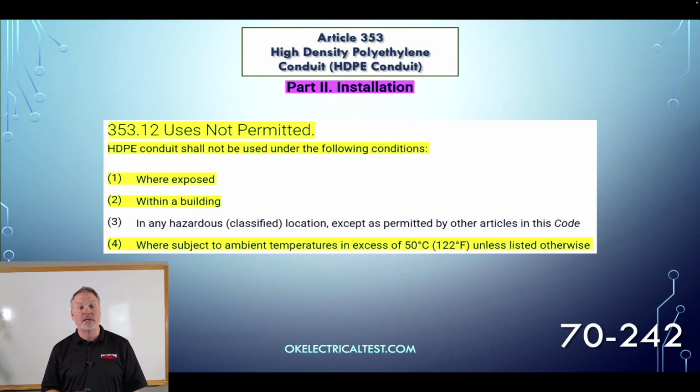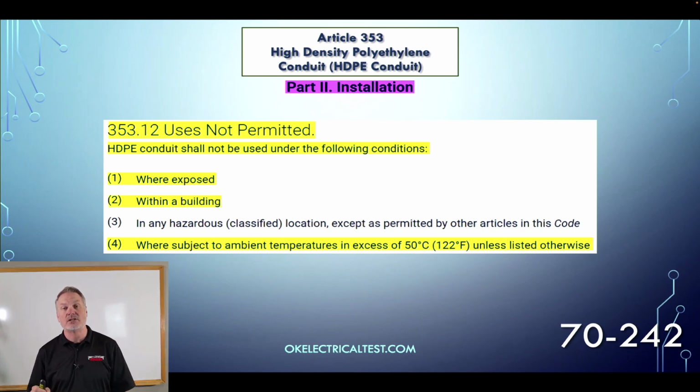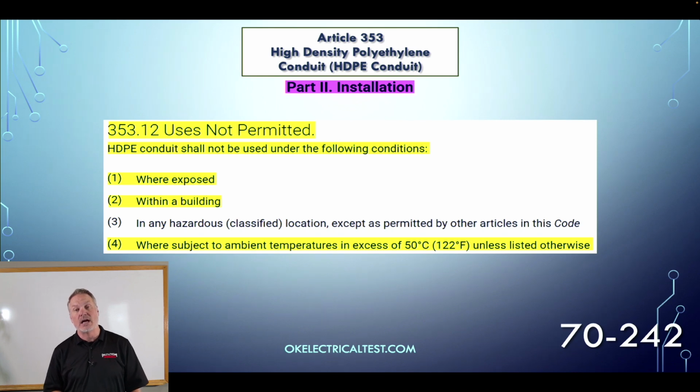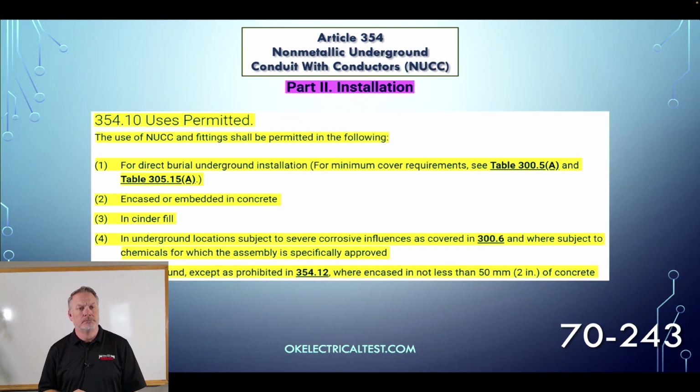Number two, within a building. And then number four, where subject to ambient temperatures in excess of 122 degrees Fahrenheit, unless listed otherwise. So I can't use it where it's exposed, I can't use it within a building, and I can't use it where I'm exposed to over 122 degrees Fahrenheit. So I couldn't use this in a place like Phoenix or something like that, where it regularly will get over 120 degrees.